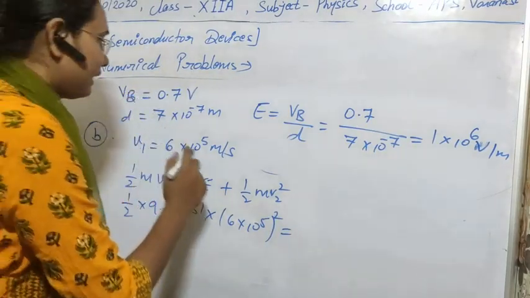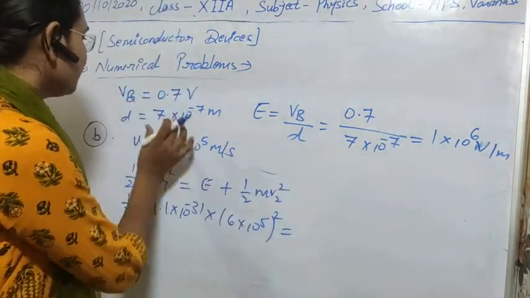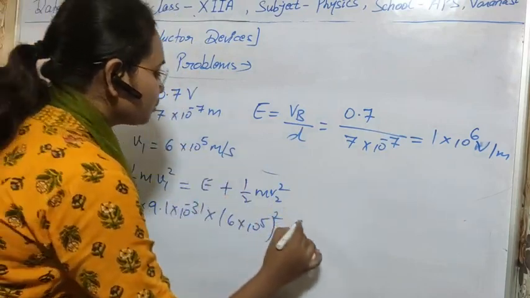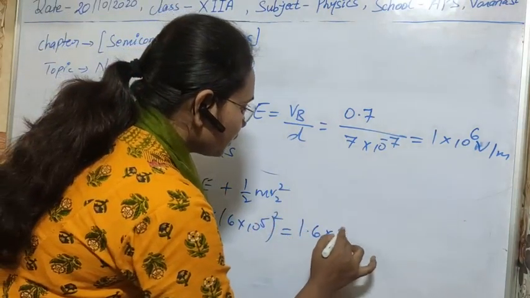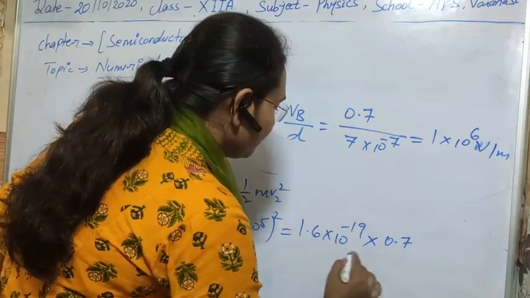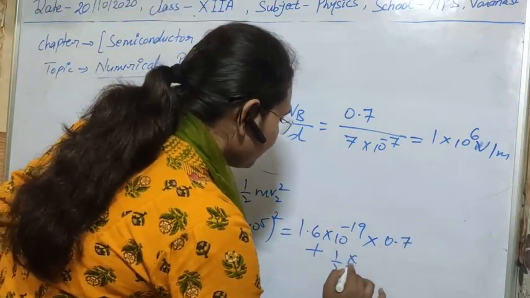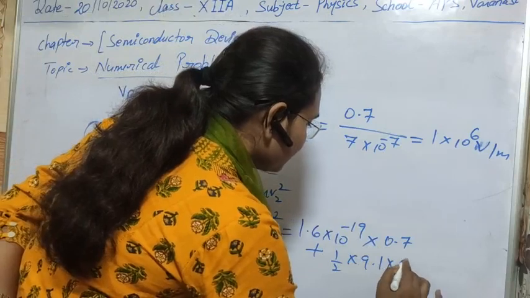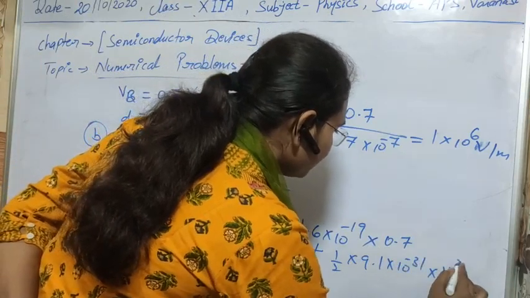What will be E into V? Clear? The loss in kinetic energy will equal E into V. So E will be 1.6 into 10 power minus 19 into V, which is 0.7, plus half m, with the value of m as above, and v2 square.